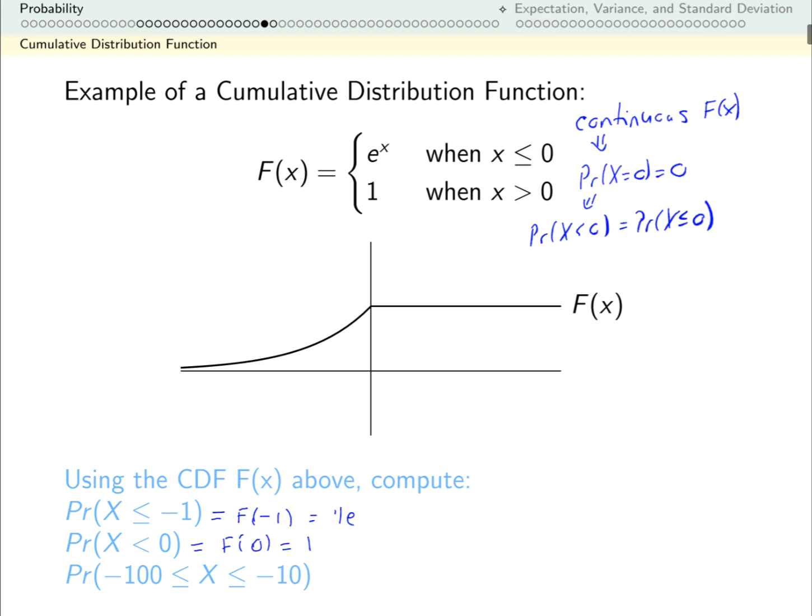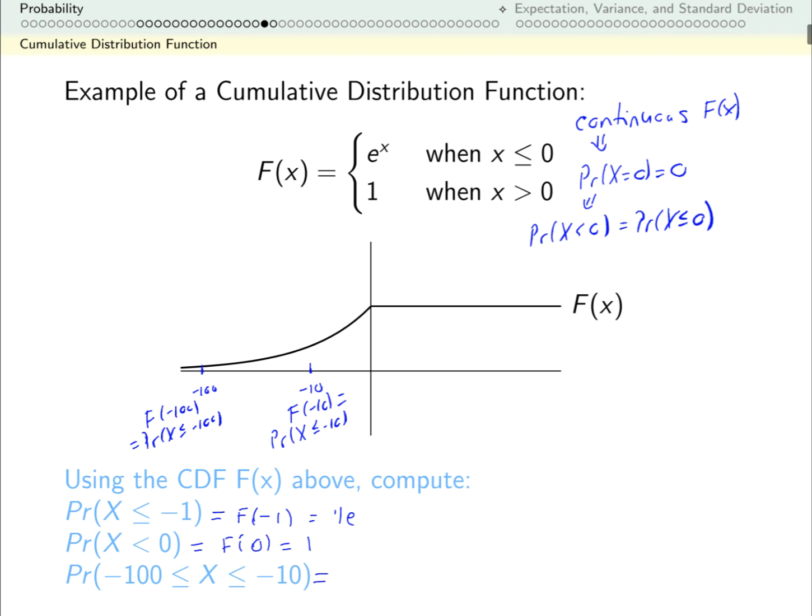For the final answer, we need to think a little bit harder. So here's -10, here's -100. If I say F of -10, that's the probability that my value is less than or equal to -10. If I say F of -100, that's the probability that my value is less than or equal to -100.